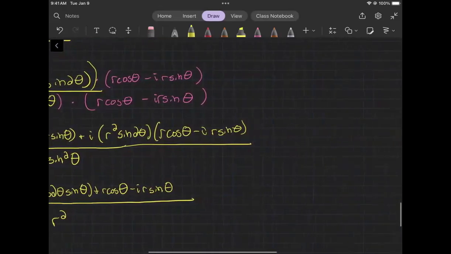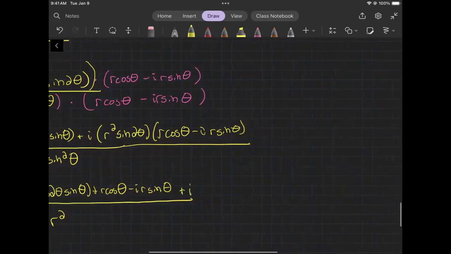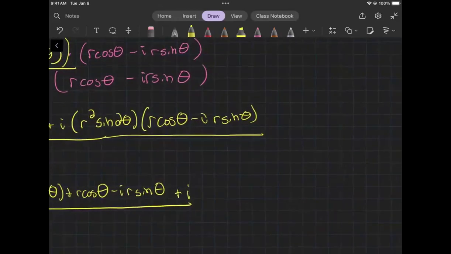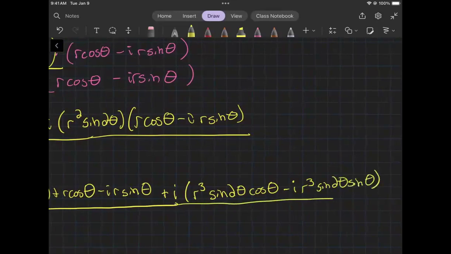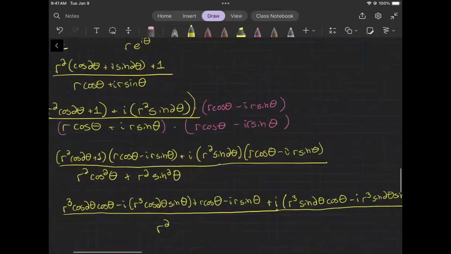Okay. Now we'll have plus i times r cubed sine 2 theta cosine theta, minus i r cubed sine 2 theta times sine of theta, over r squared.